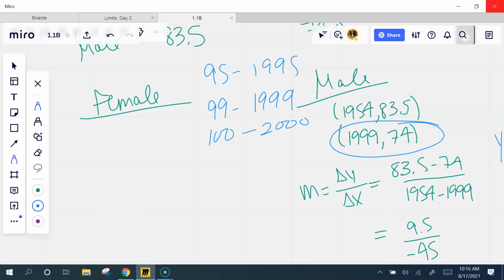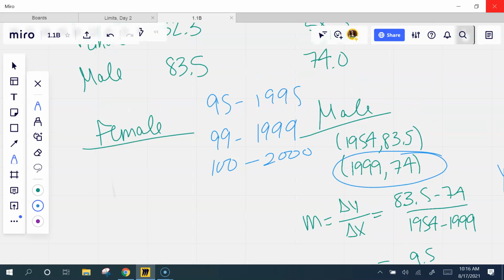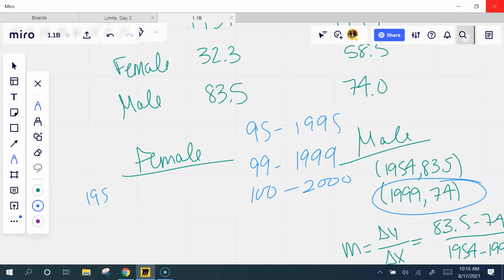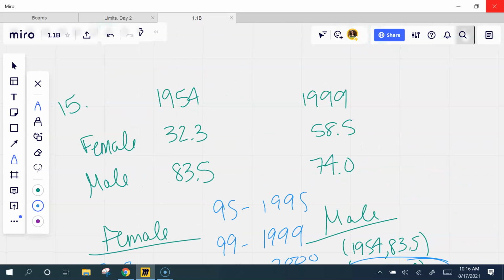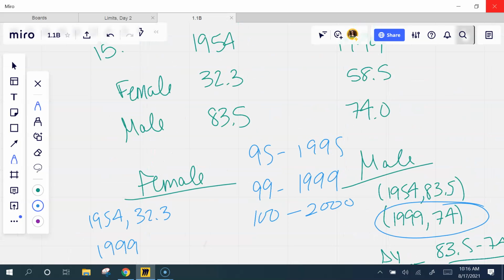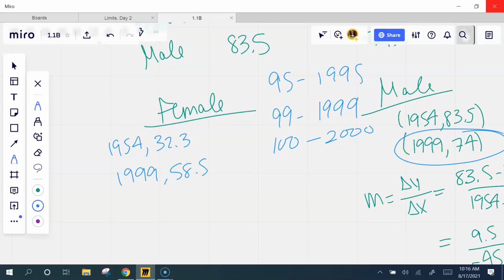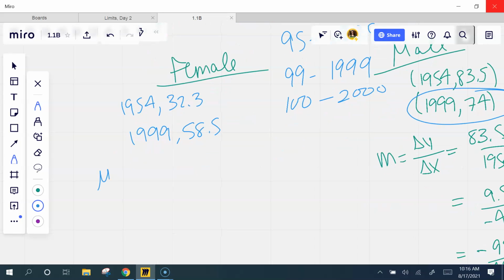Okay, here we go. So these 2 points are 1954, 32.3, and 1999, 58.5. So same process, find the slope first. 58.5 minus 32.3 over 1999 minus 1954.